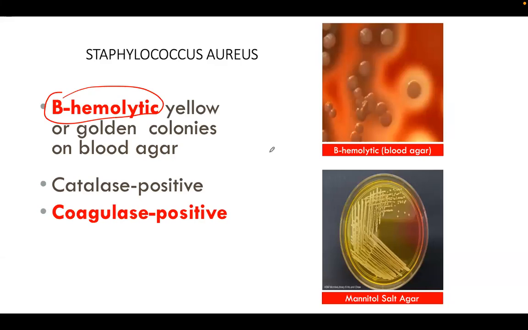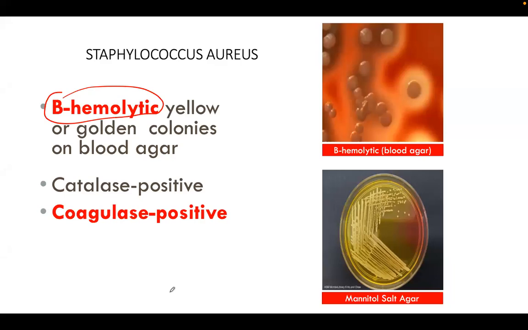Question: what Lancefield classification is Staph aureus? Listen well to the question. Where does it belong in the Lancefield classification? Very good. It is not included in the Lancefield classification.